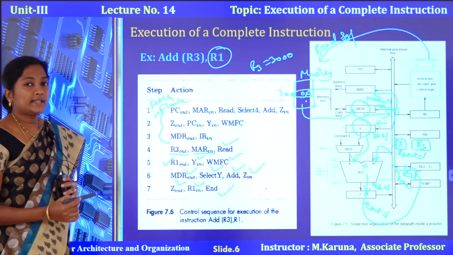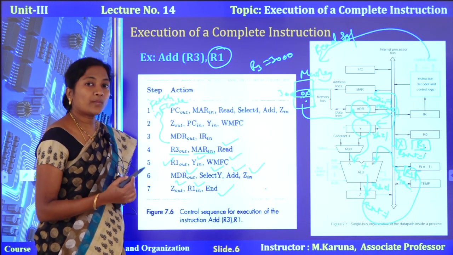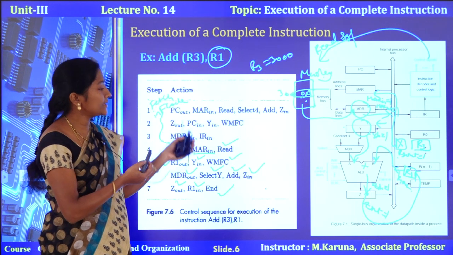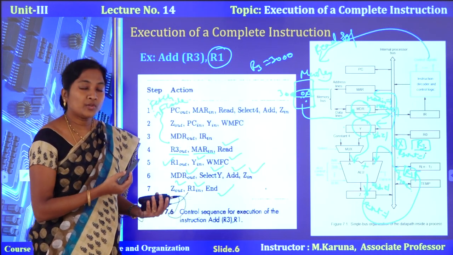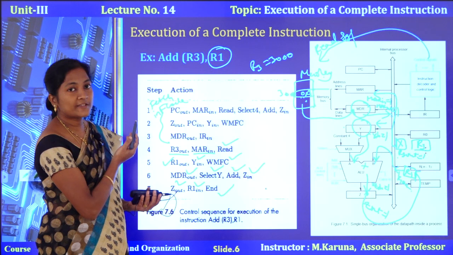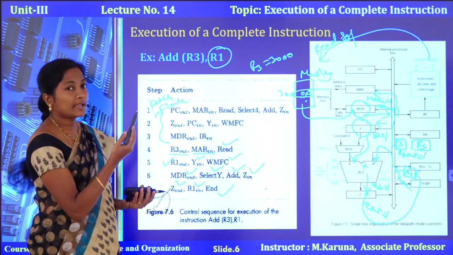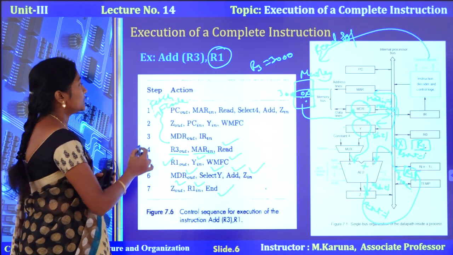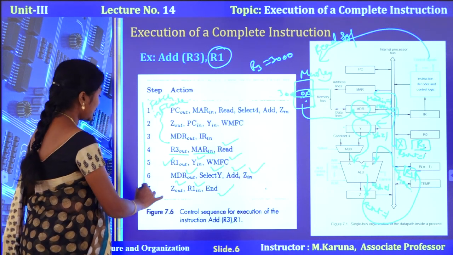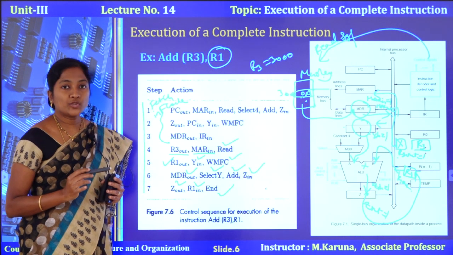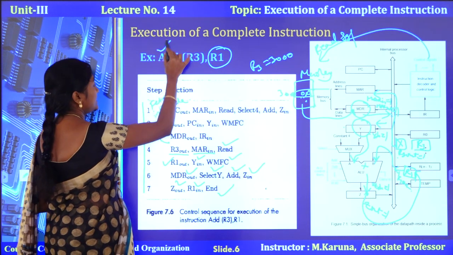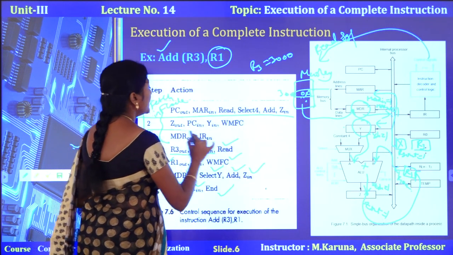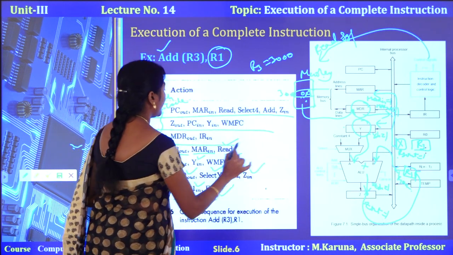So these are the control signals required to perform add operation, or we can say these are the complete control signals required to perform the specified instruction add R3 comma R1. So in this case, these are the 7 sequence of steps required to perform this instruction. Each step contains the following control signals.